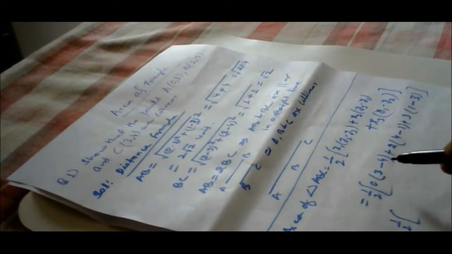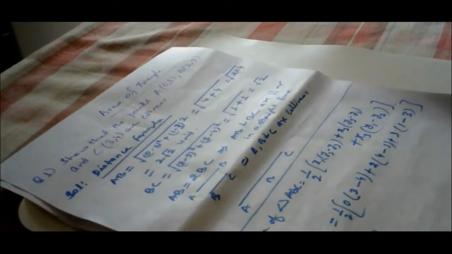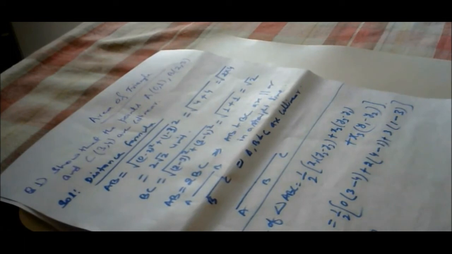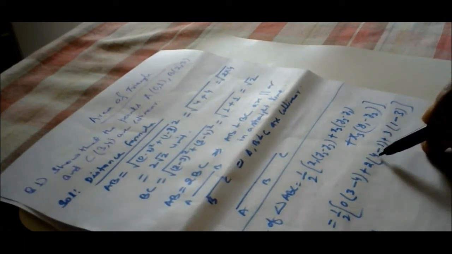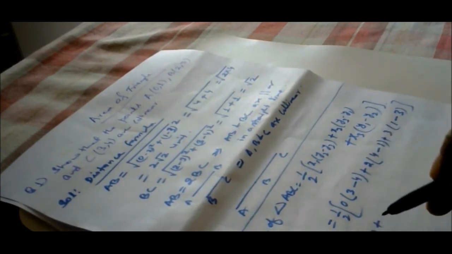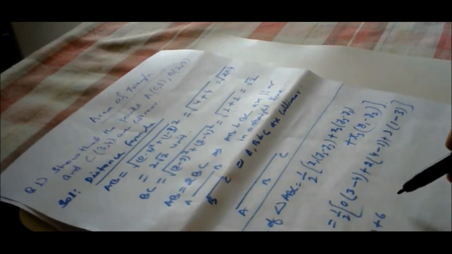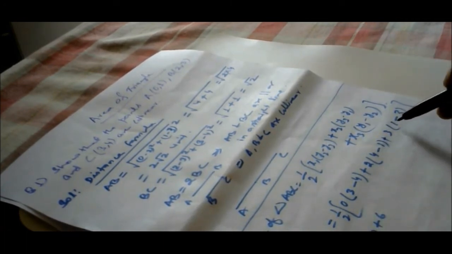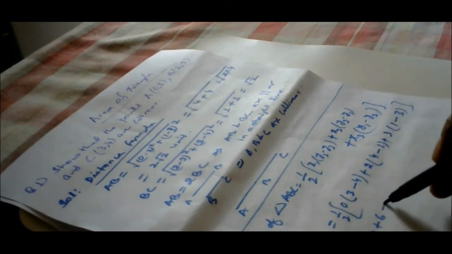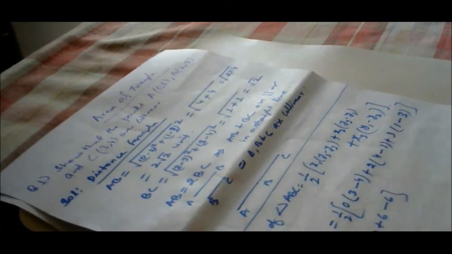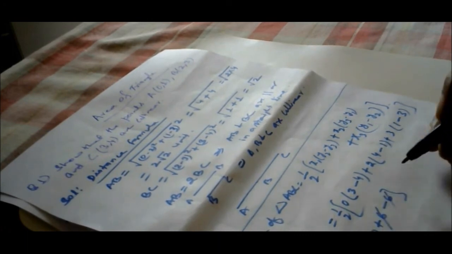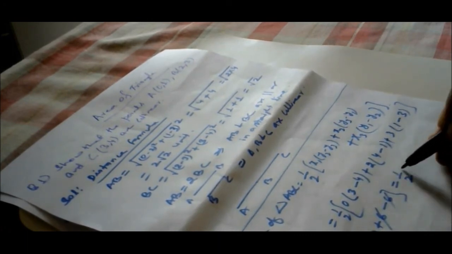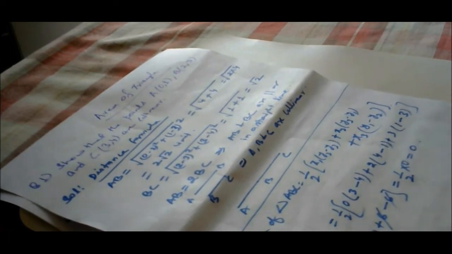Then further, half of this. 0 into anything is 0 only, no need to think more. 4 minus 1 is 3 and 3 into 2 is 6. Next, 1 minus 3 is minus 2, and minus 2 into 3 will become minus 6. So plus 6 minus 6 has become 0, so 1 by 2 into 0 is equal to 0.